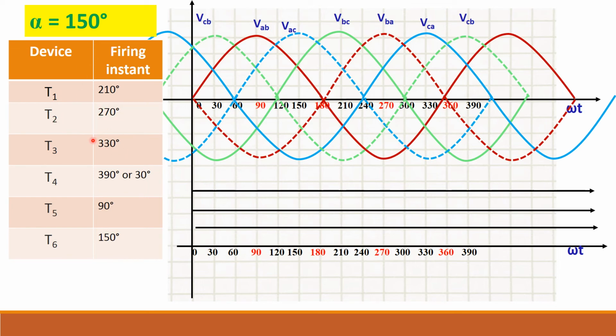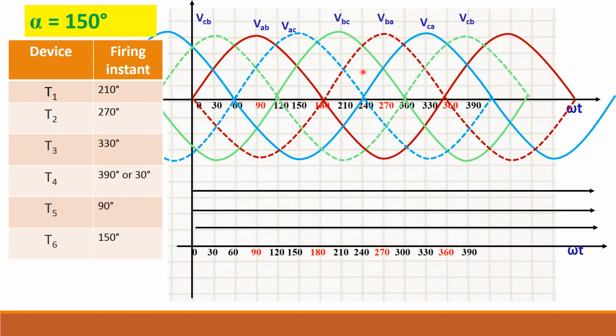When it exceeds 360, you should again start from 0, or whatever value you get, you subtract 360 from it. Suppose for T4 you are getting 390, subtract 360 from this, you will get 30 degree. It means that again the waveform starts at 30 degree. Okay.